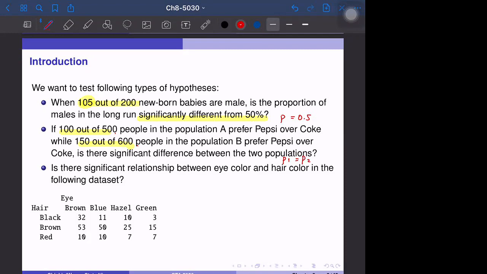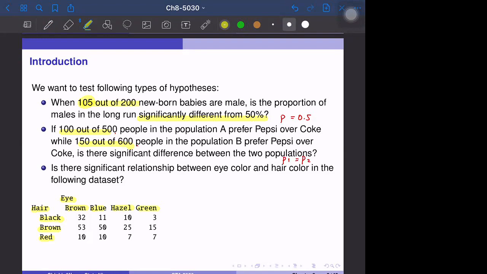And the third question: is there a significant relationship between eye color and hair color in the following data set? This is, I think, old data from a statistics department in some university, with students' hair color and eye color. And we want to see if these two variables are related or not.